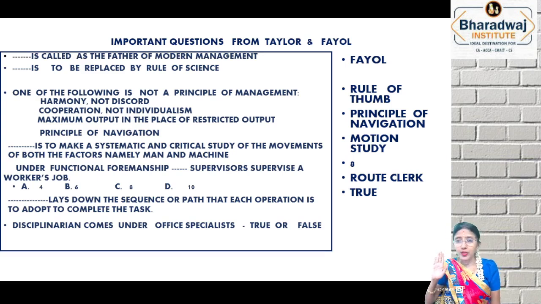For Taylor, you should know it is shop floor management, which refers to factory level operations. Point 1. Second point, what are the important principles given by him? What are the techniques to implement the principles? Okay, that much only. In Fayol, you have to know what? The 6 classification of business activities, 14 principles. Okay.